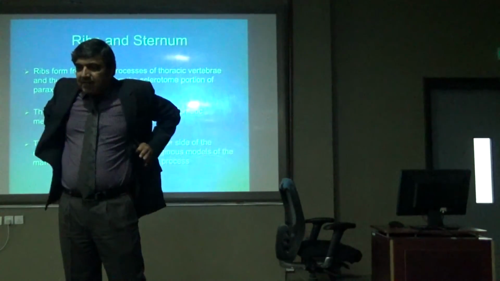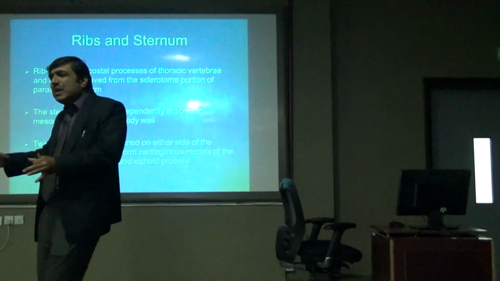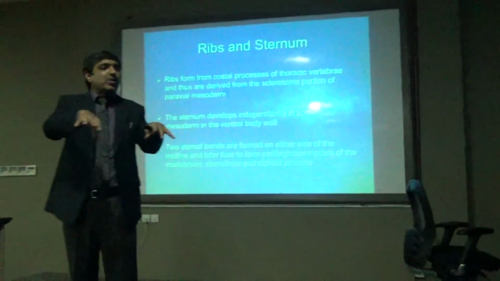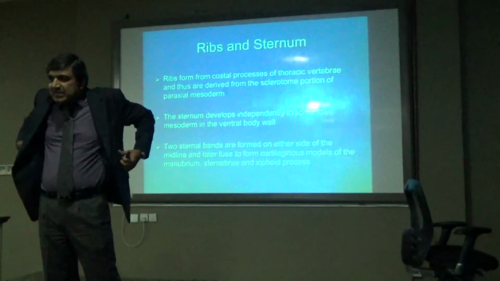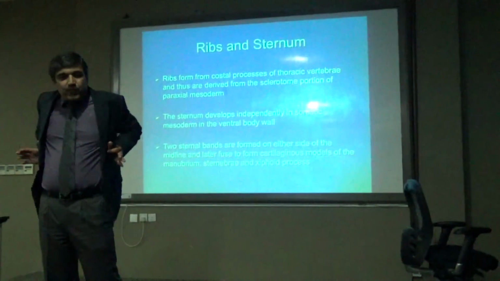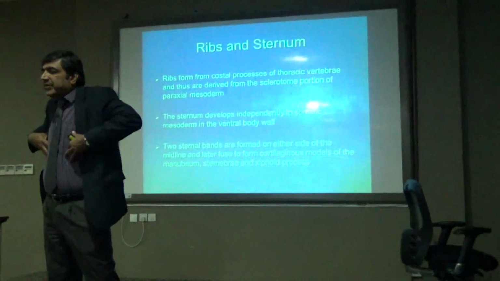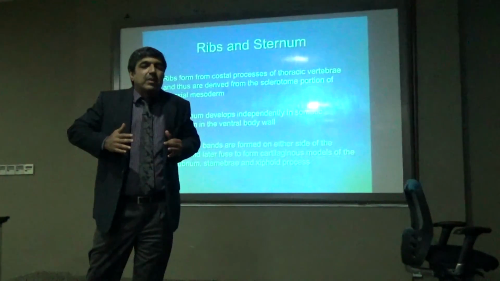So they develop as a branching pattern from the upper vertebrae. Why only from the upper? Why not from the lower? This is all programmed, given genetic programming in our bodies. Okay, so they project as connective tissues from the vertebral bodies and they surround our thoracic region. In this way, the ribs are formed.